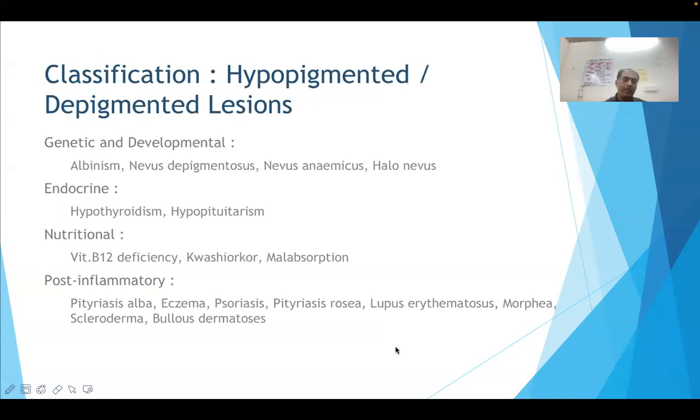Post-inflammatory disorders such as pityriasis alba, eczema, psoriasis, pityriasis rosea, lupus erythematosus, morphea, scleroderma, and bullous dermatosis can lead to hypopigmentation or sometimes depigmentation due to total loss of melanocytes.